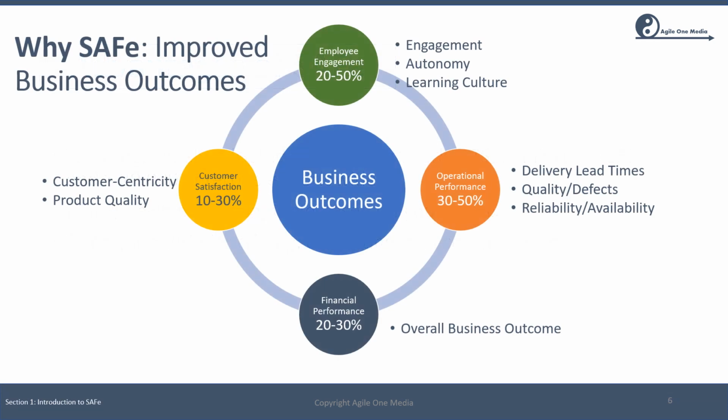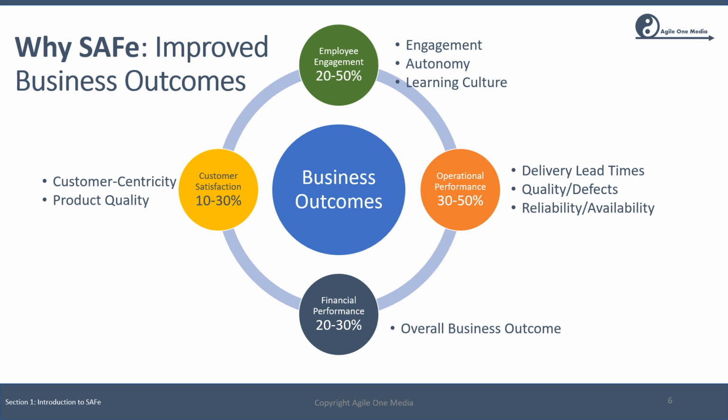So now let's briefly touch on the expected business benefits of adopting SAFe. Agility is a means to an end, and organizations pursue agile transformations to achieve important business benefits. At minimum, significant improvements in operational performance are expected.